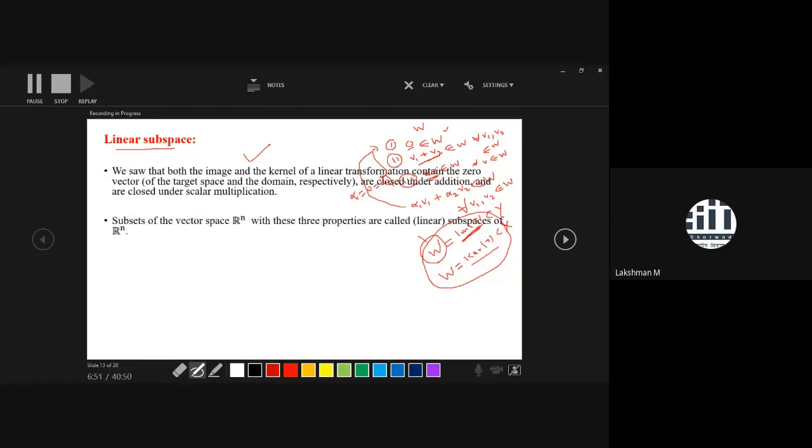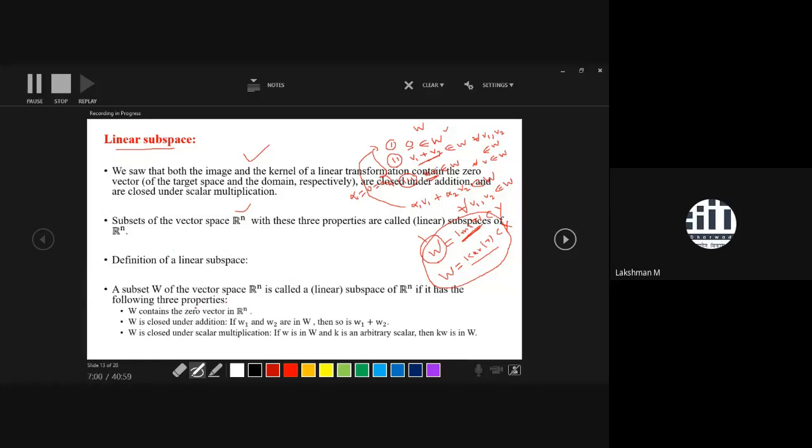It happens to be generally a subset of a vector space Rn. The definition says W must contain the zero element, so zero must belong to W. W is a subset of Rn, and it has to satisfy the first property, zero must be in W.